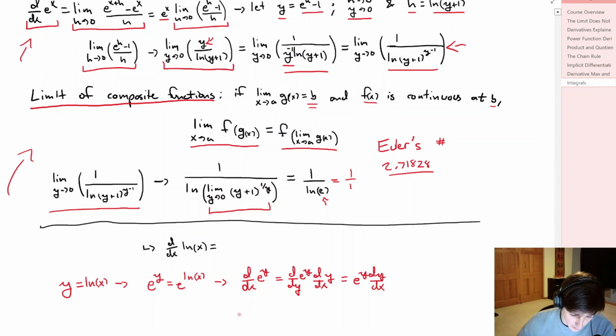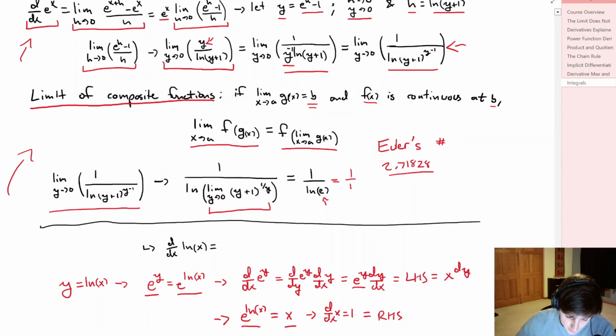But notice here that e raised to the y, which was given here, is equal to e to the ln of x, which is here, which is equal to x. So we could also say that our left-hand side is equal to x dy/dx. So let me box off a little spot for me to work in.